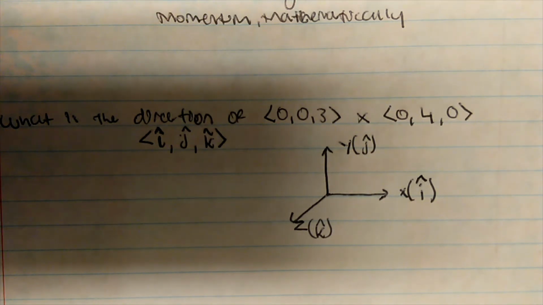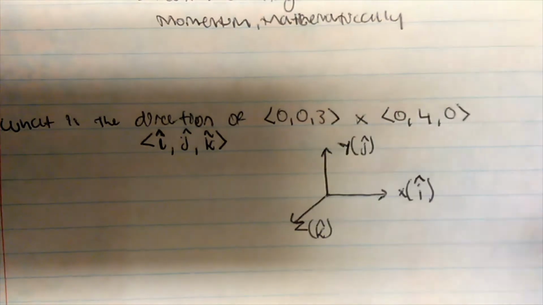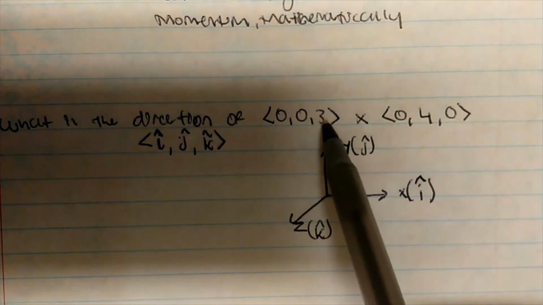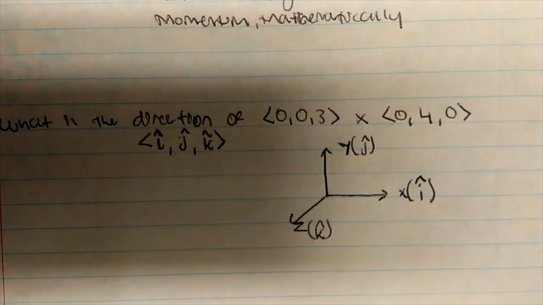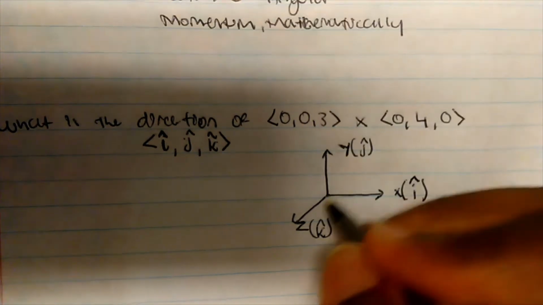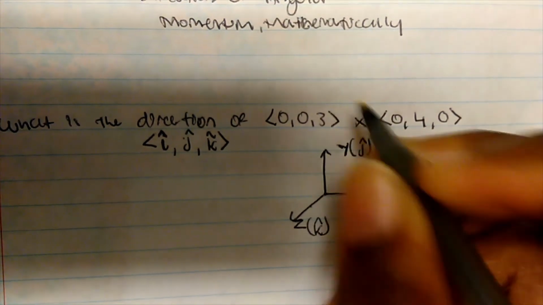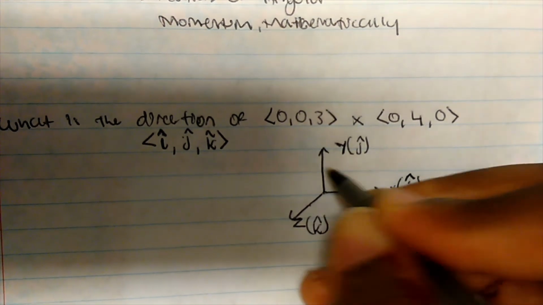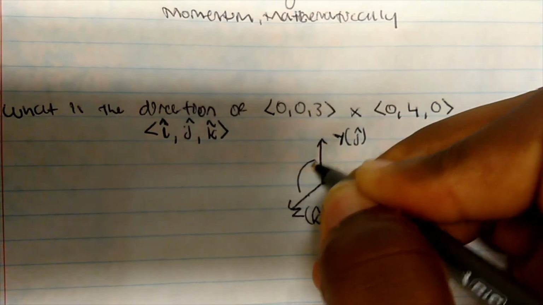And so in this case, we cross k hat with j hat, so we know we're going to get i hat. The question is whether it's negative or positive. And that's when we come back to the idea of clockwise and anti-clockwise. So we could assume that this is k hat, and we're crossing k hat into j hat. If we cross k hat into j hat, I'm actually going this way.